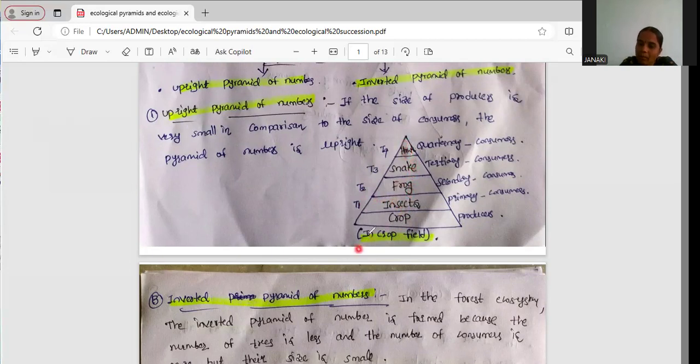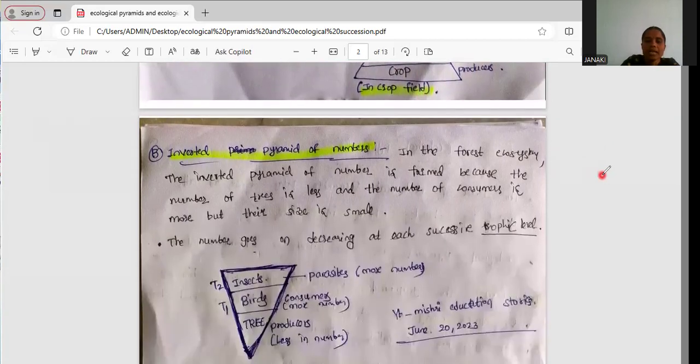The total shape is an upright, vertical pyramid. From the top: quaternary consumers, tertiary consumers, secondary consumers, primary consumers, producers. Producers are eaten by primary consumers, then secondary, tertiary, and quaternary or top consumers. In the upright pyramid of numbers, the size of producers is very small in comparison to the size of consumers.